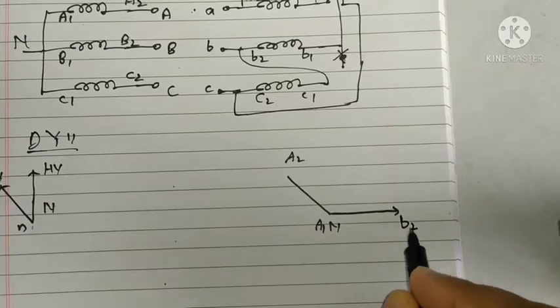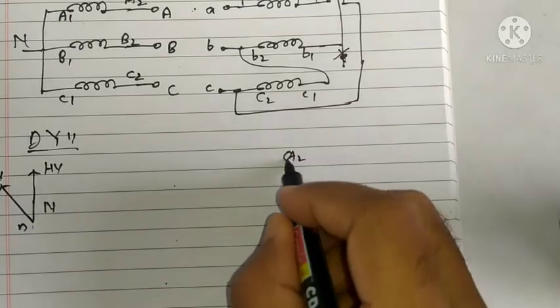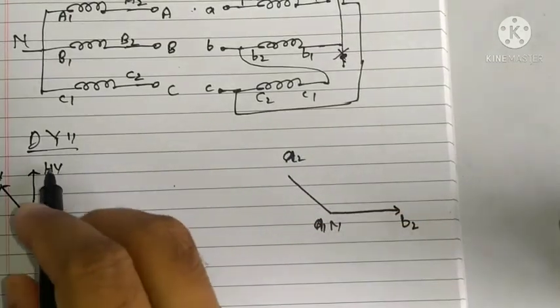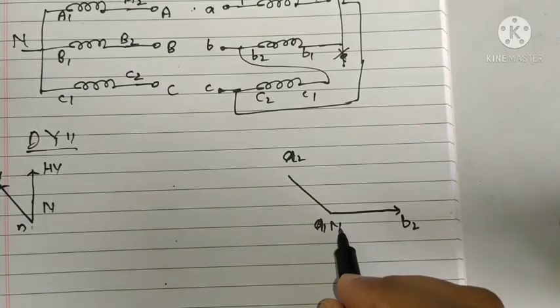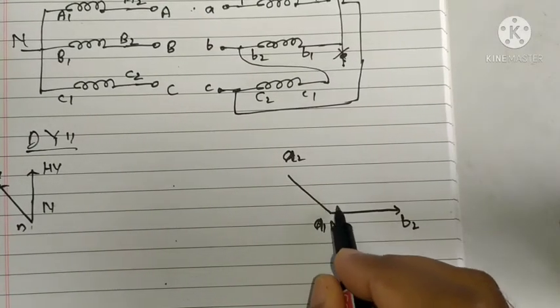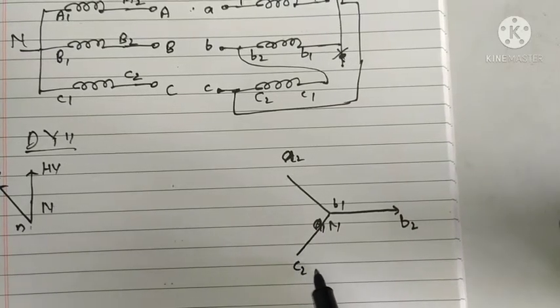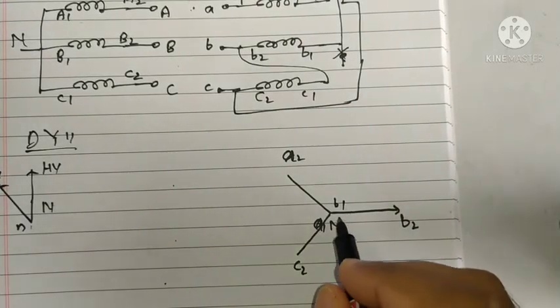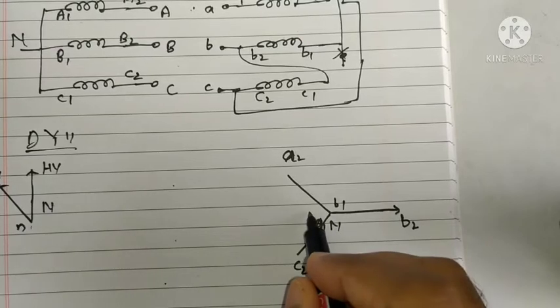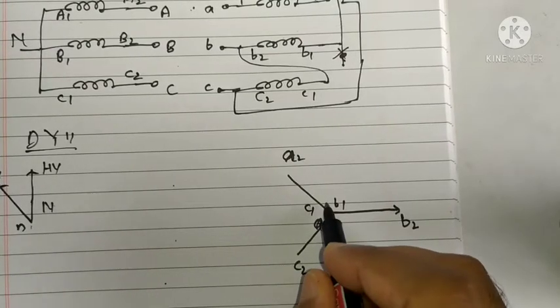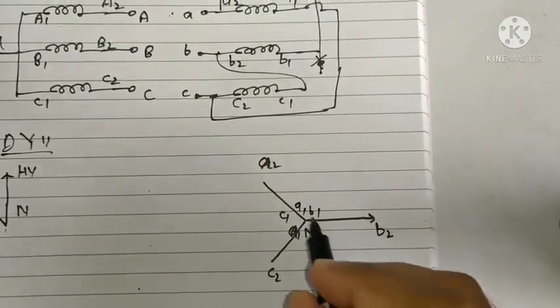These are small letters because we are drawing the LV winding, B2 B1, and we will have here C2 C1, right? This is A1 also.